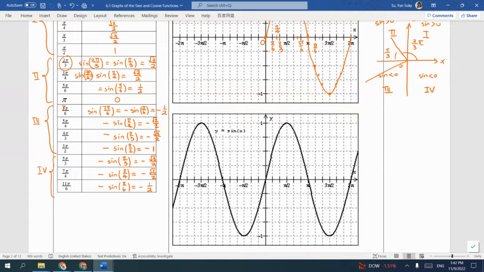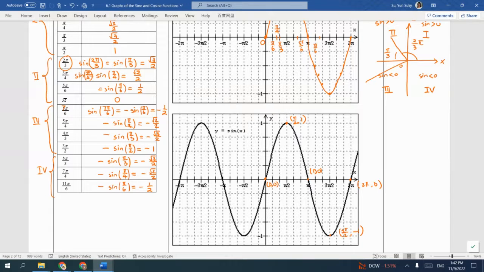Okay, and then you might say, oh, that's a lot of numbers. It's so hard to put all those numbers on this picture. Well, from now on, when you draw sine, you only plot the points 0, 0, and pi over 2, 1, pi, 0, and 3 pi over 2, minus 1, and 2 pi, 0.